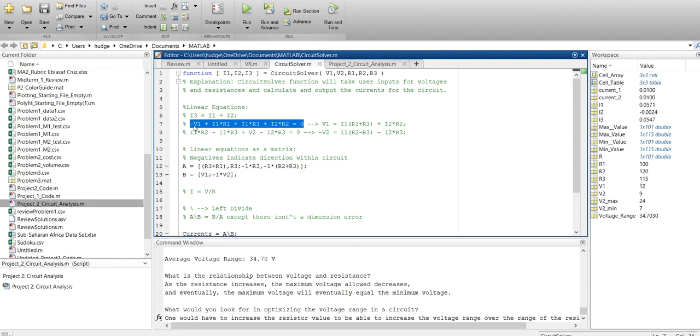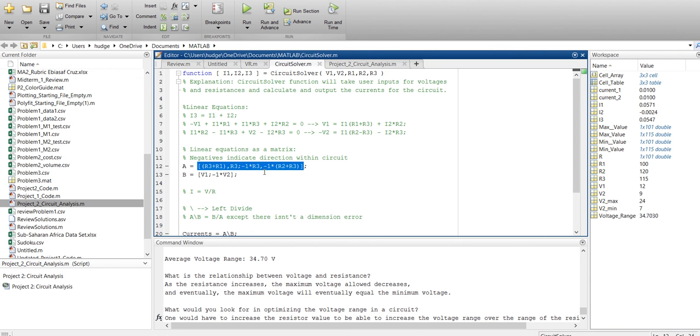And from there we just use algebra to find what the first voltage will be equal to, and we set it equal to this. And we did the same thing for the third equation. And from here we have two matrices, A and B. A is going to store the values of the resistance.